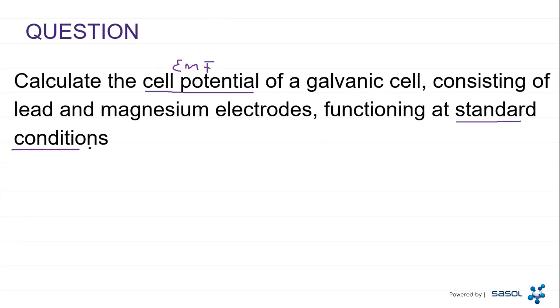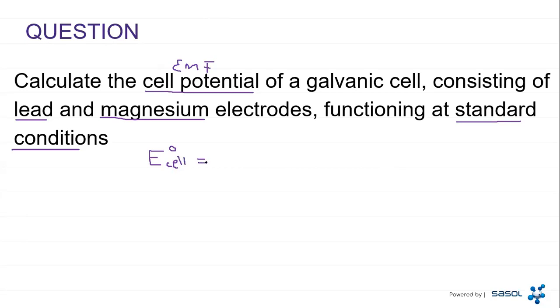You definitely know that now we are dealing with lead and magnesium electrodes. And they are functioning at standard conditions. In other words, I can go to my table 4B and use those reduction potentials. Why can I do that? Because those reduction potentials were measured under standard conditions altogether.